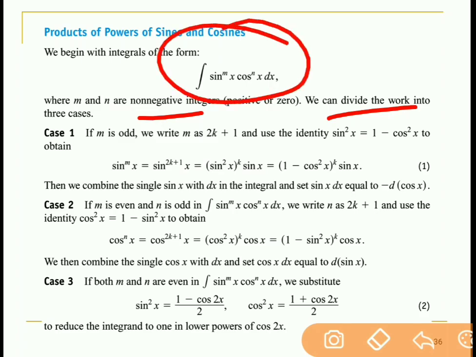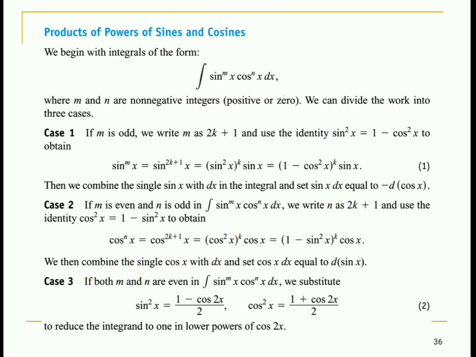In this integral, if m is odd, then m can be written as 2k plus 1, where k is just an integer. Then sin x raised to m can be converted into sin x raised to 2k plus 1.